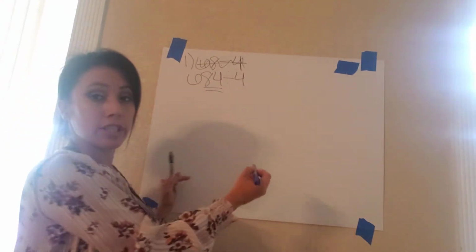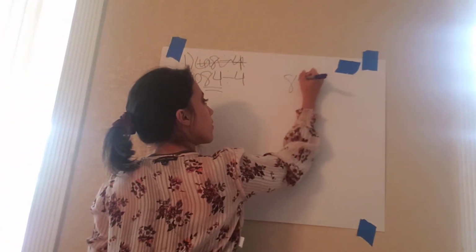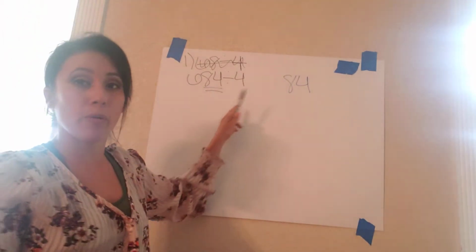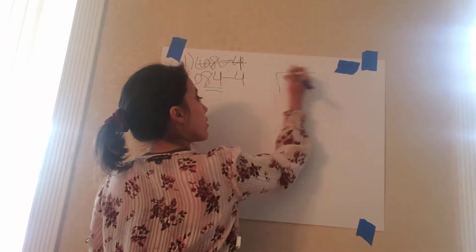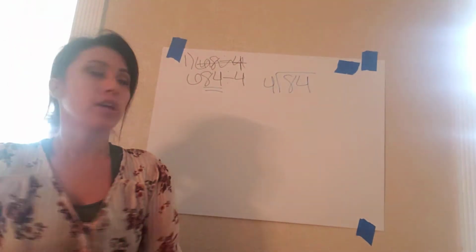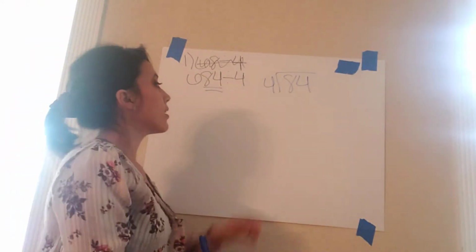The last two digits of this number are 84, and we're trying to see if it's divisible by 4. So we're going to do 84 divided by 4. We're just going to do basic division that we've learned before.